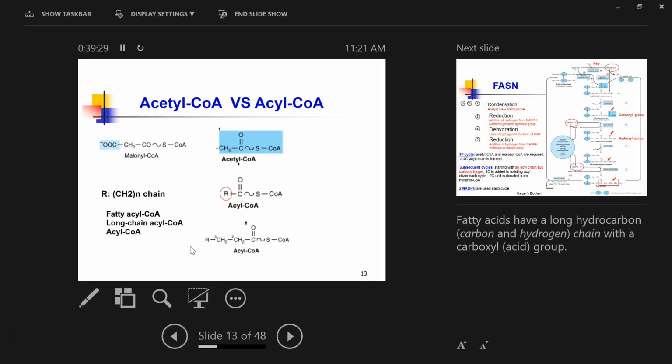So acyl-CoA is basically a very long chain fatty acid with a CoA group attached. When you see different names, sometimes we call it fatty acyl-CoA, long chain acyl-CoA, or acyl-CoA, they are basically the same thing.